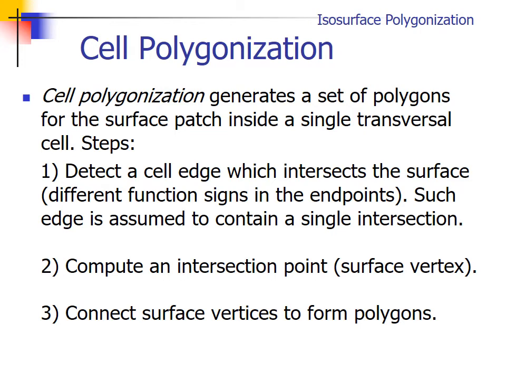Steps of the cell polygonization are the following. The first one is to detect a cell edge which intersects the surface, with different function signs at the endpoints. Such an edge is assumed to contain a single intersection. The next step is to compute an intersection point, a surface vertex. And the final step is to connect surface vertices to form polygons.